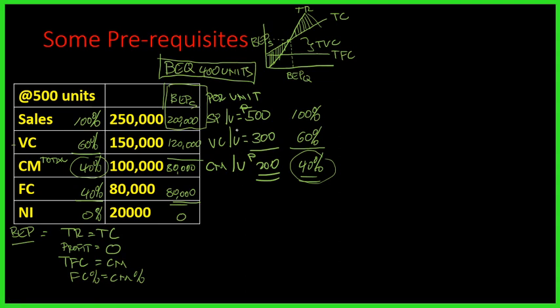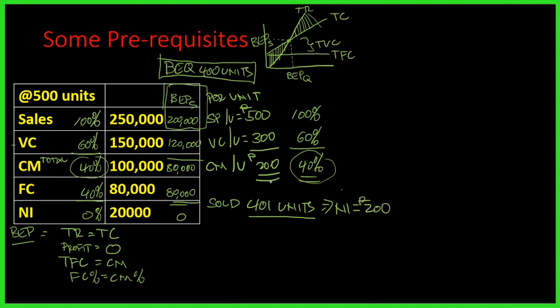So, balikan natin, if this is your break-even point, and let's say you sold 401 units, how much will be your net income? Your net income will be 200 pesos.